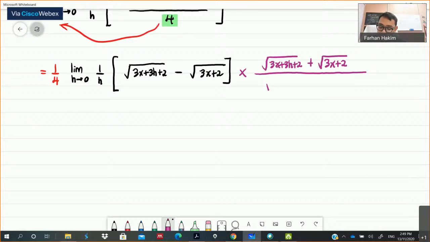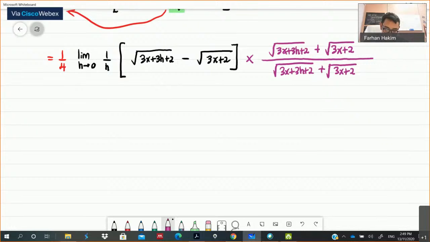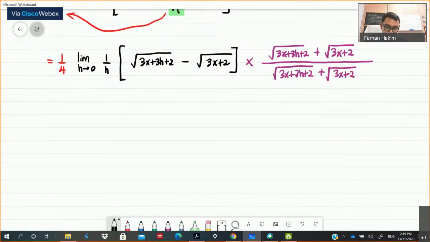So now I'll write 1 over 4, the limit as h approaches 0, 1 over h.